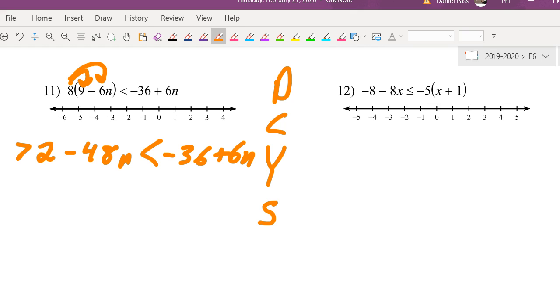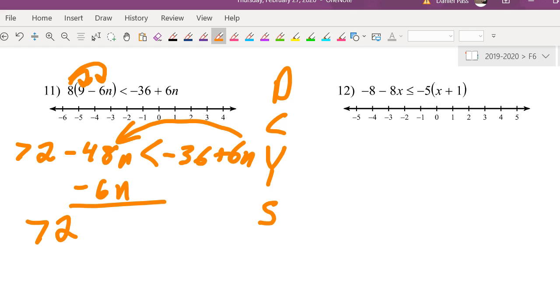Now what? Now we combine like terms, right? But there aren't any, so we can't do that. Now what, everyone? Because there's a variable on both sides. Negative 6n. 72. Uh-oh. Both negative, so we add them. Negative 54n.